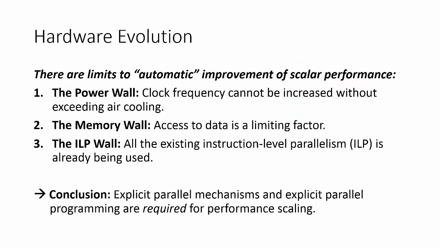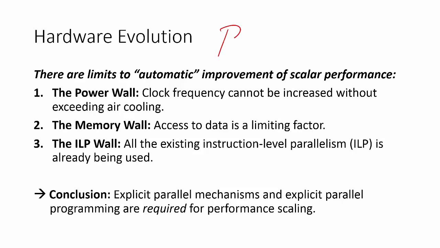The hardware evolution is that there are some limits to automatic improvement of scalar performance. On the one hand, we have the power wall. We can't increase clock frequency without exceeding air cooling. The reason for that is partly this formula here.